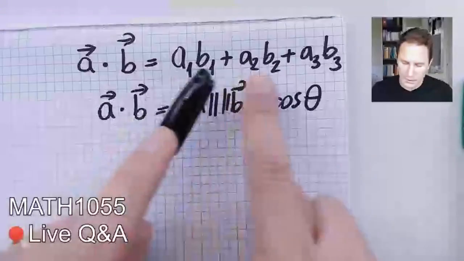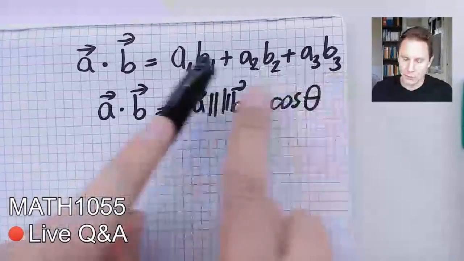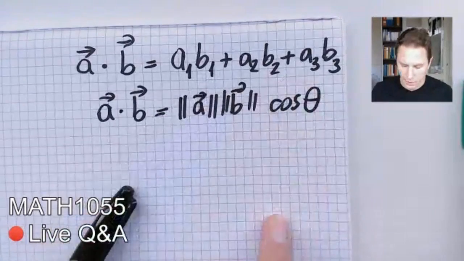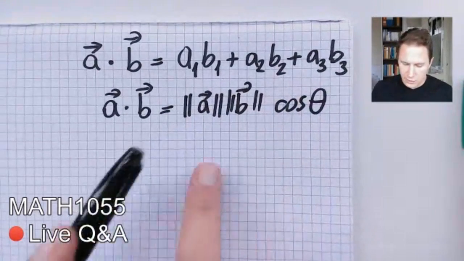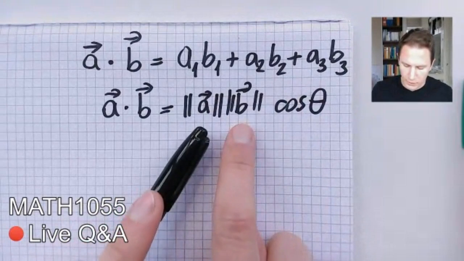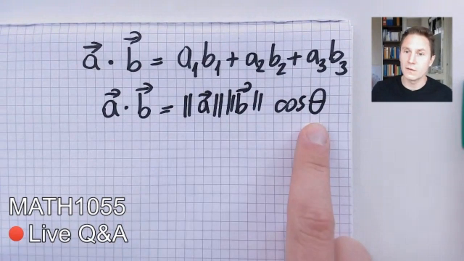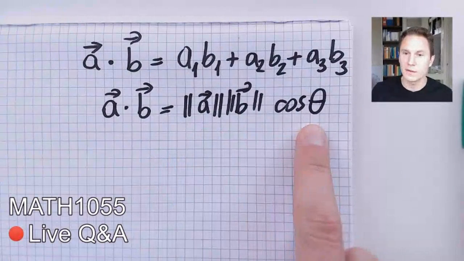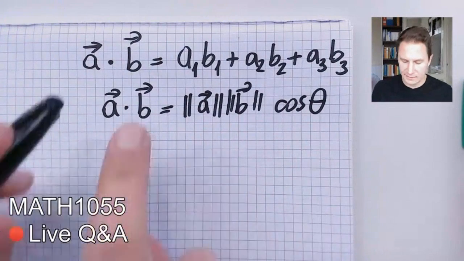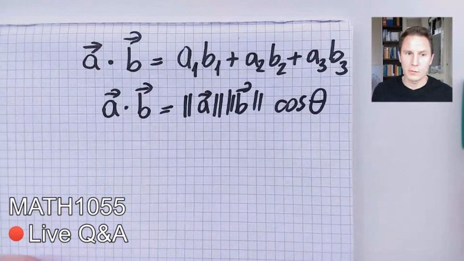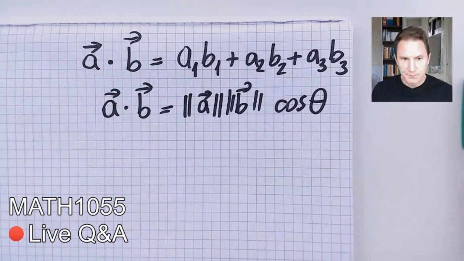You just multiply the corresponding coordinates. So coordinate by coordinate, you multiply them and add those products up. Or geometrically, you just take the length of each vector and the cosine of the angle between these two vectors and multiply these quantities to get the scalar product. These two things are equivalent ways of calculating the scalar product.